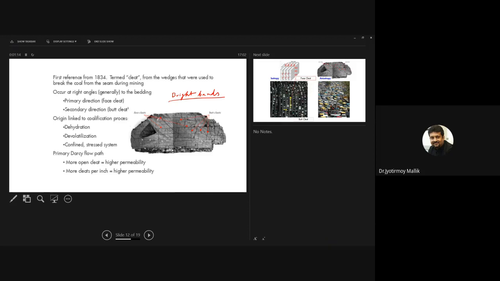And the origin is linked to the dehydration and devolatilization process during coalification. And we talked that if in an area there are more open cleats, we will get higher permeability. And of course, we also said that the cleats could be clogged by mineral precipitation, be it calcite or quartz. This is where we ended yesterday.